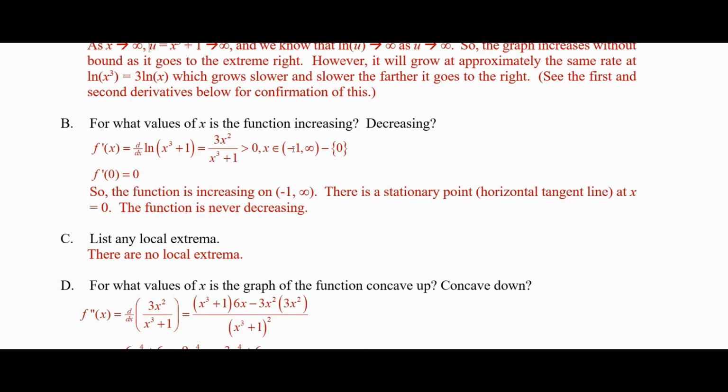So it'll go from -1 to infinity except for 0. In other words, you could say from -1 to 0 and then from 0 to infinity. And f prime of 0 is 0. So the function is actually increasing from -1 to infinity. There is a stationary point at (0, 0) with a horizontal tangent line, but it's still actually increasing through that point.